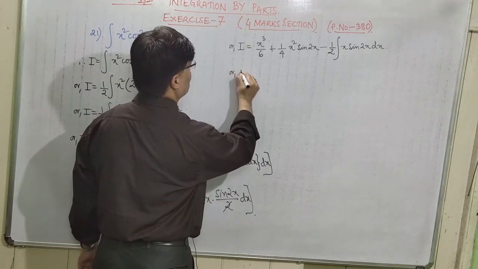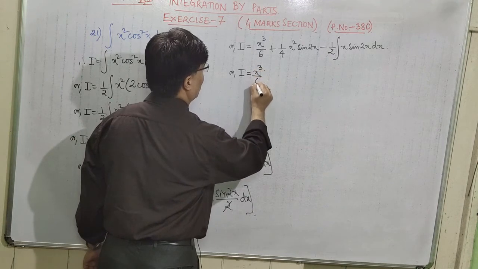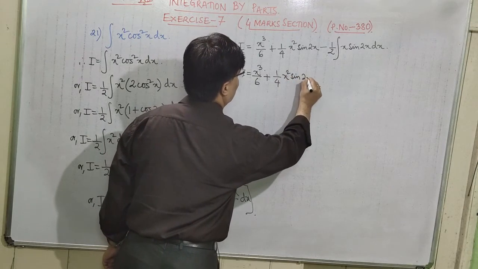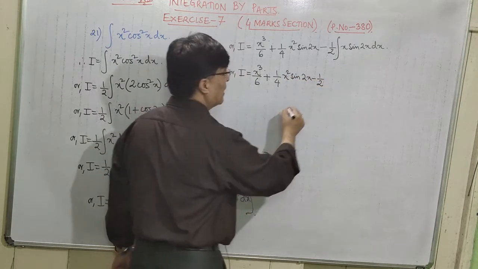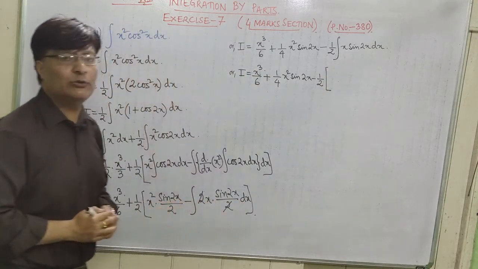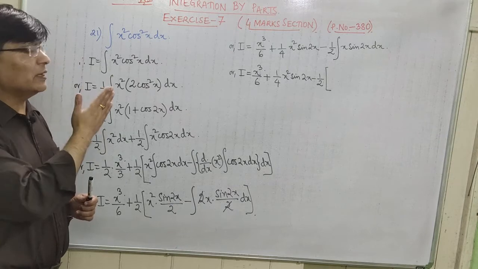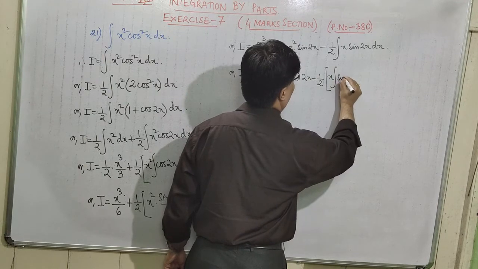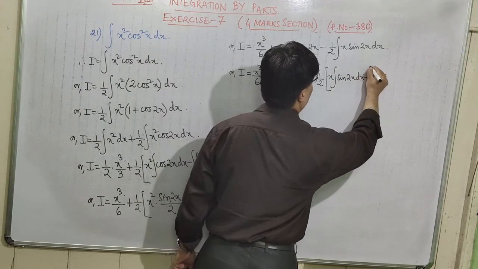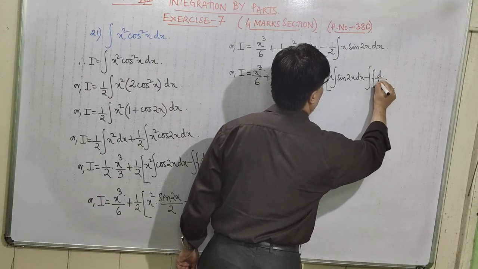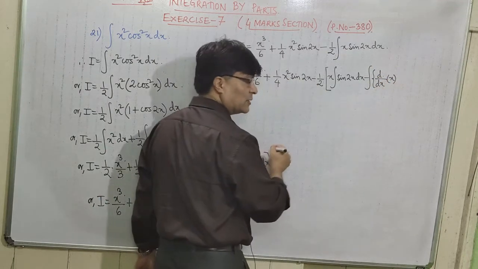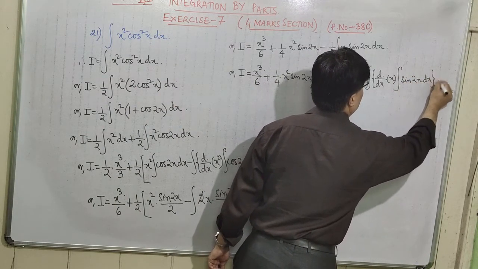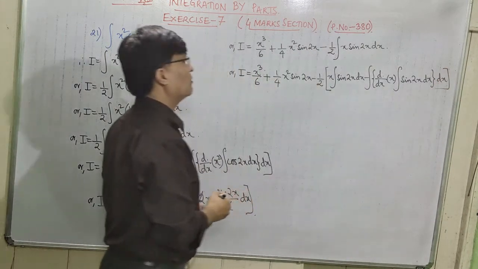So keeping the first two terms as they are, x cubed by 6 plus 1/4 x square sine 2x minus half within the third bracket, let us use integration by parts. x into integration of sine 2x dx, minus integration of, second bracket, d by dx of x, integration of sine 2x dx, second bracket closed, dx, then third bracket is closed.